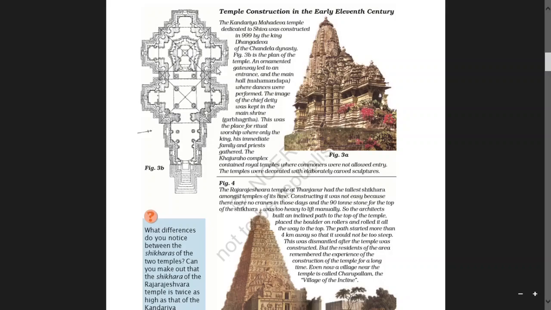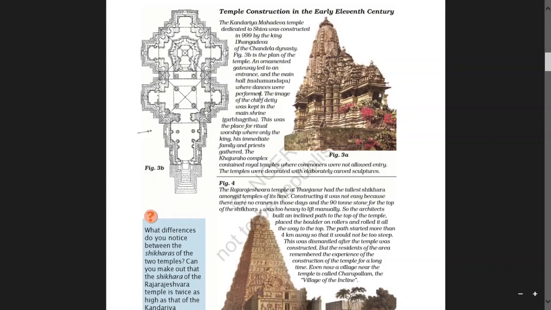An ornamented gateway led to an entrance and the main hall, Mahamandapa, where dances were performed. Ornamented means, boys, made to look more attractive by adding decorative items.